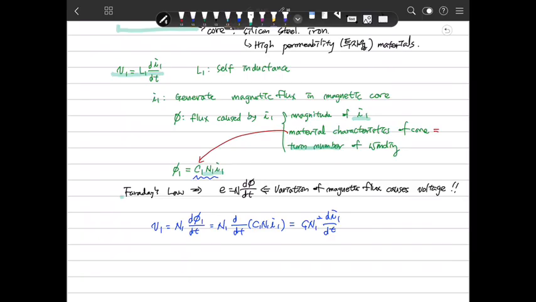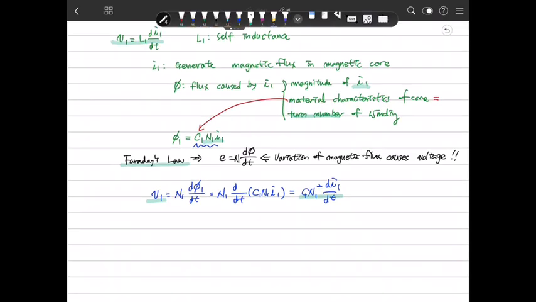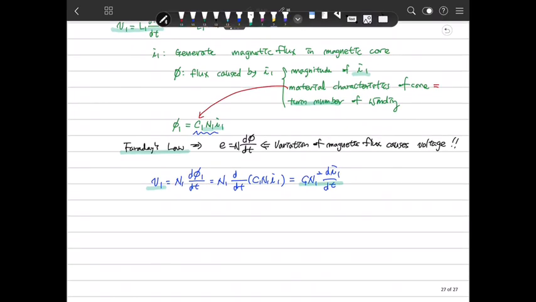We know this is the relationship between current and voltage in an inductance. So based on Faraday's law, we can make a similar form of the relation between voltage and current. Therefore L1 can be re-expressed as C1 N1 squared. So the inductance is proportional to the turn number squared.